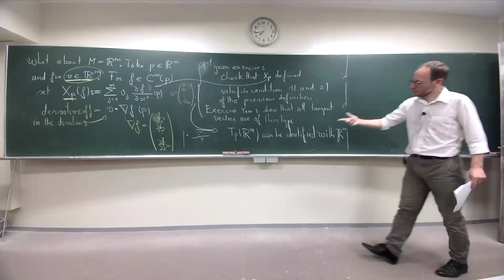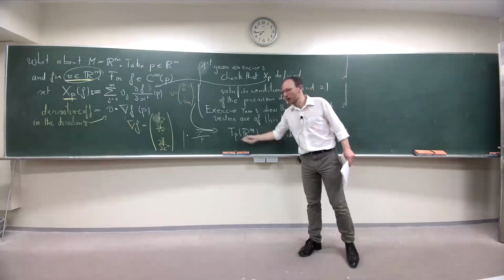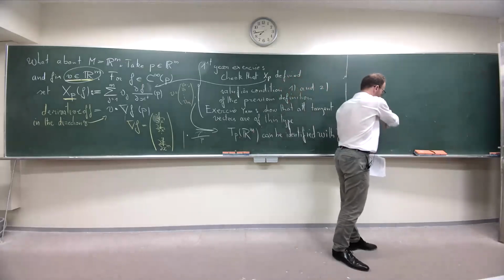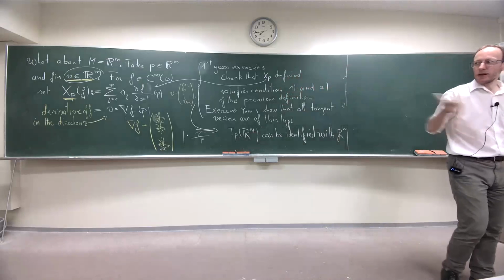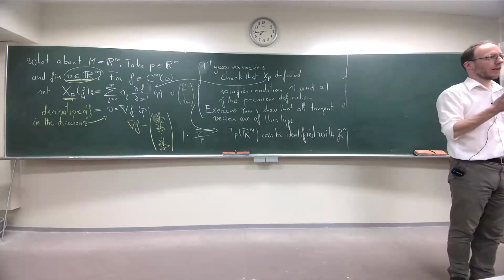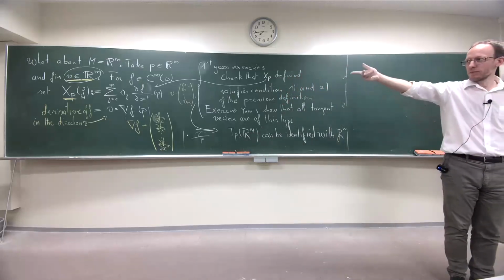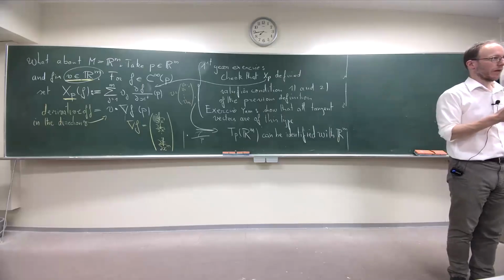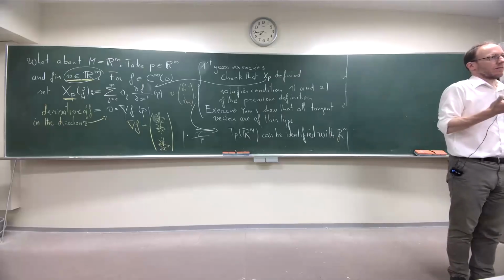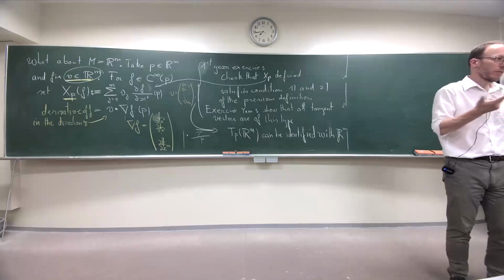We know that T_p of R^m is a vector space. It was already there. Now we know that it's an m-dimensional vector space because it's in bijection with R^m. There is a basis. How should I call this basis?